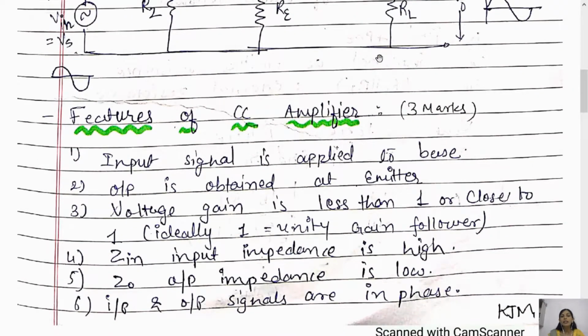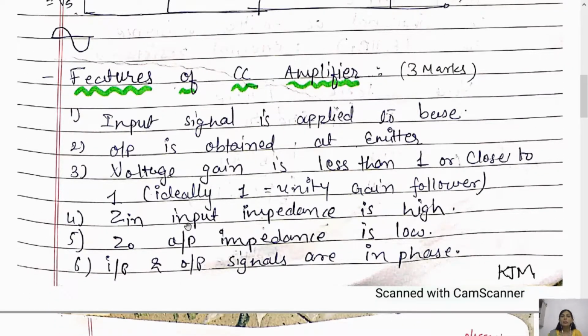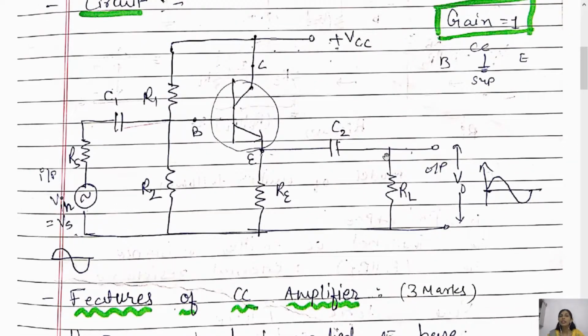Okay, so these are the basic points of the common collector. Next feature: input impedance is high, output impedance is low, and input and output signals are in phase. Dear students, in the previous lecture we studied the common emitter terminal, in which I explained that the input waveform and output waveform were out of phase, a 180-degree phase difference between input and output.